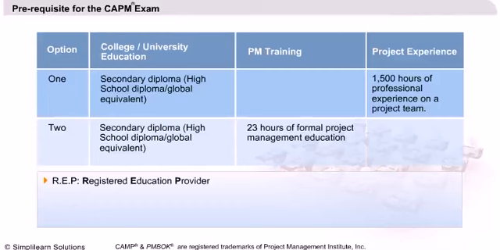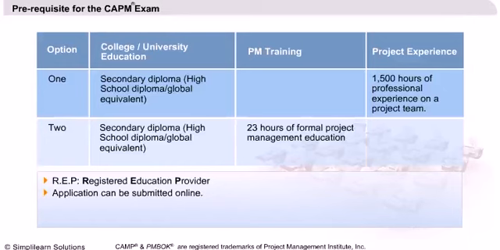Let me also inform you that one has to submit proof of everything, i.e. your educational degree, your project management experience, etc., to PMI while submitting the online application for taking up the exam.